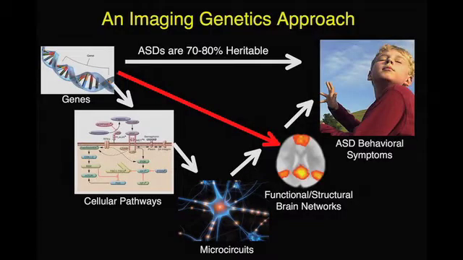And while we have begun to identify a lot of these autism risk genes, we still know relatively little about the mechanism by which genes impact cellular pathways, microcircuits, all the way up to functional and structural brain networks and ultimately to behaviors. But we know there are studies that have shown that patterns of functional and structural connectivity are actually heritable.